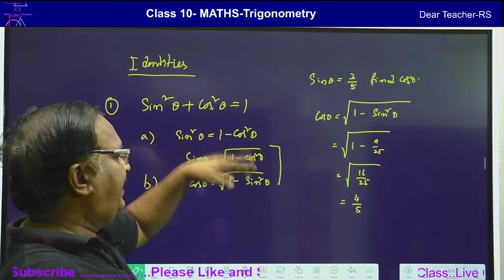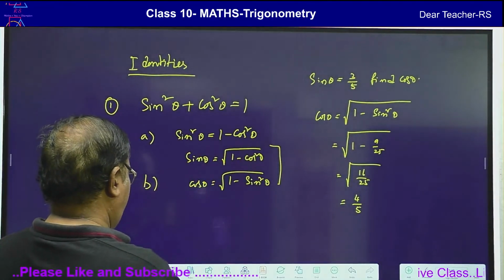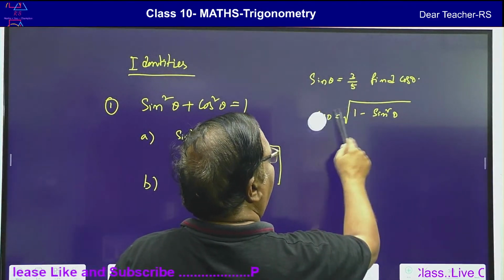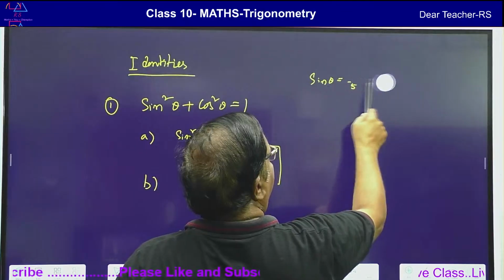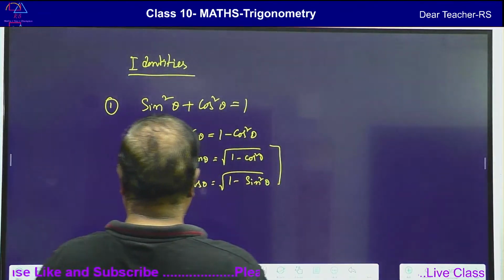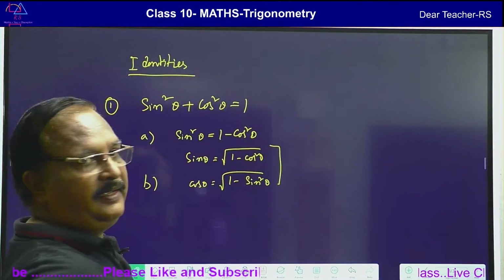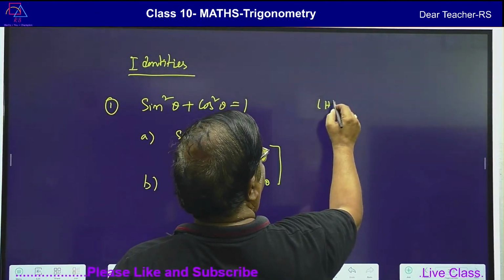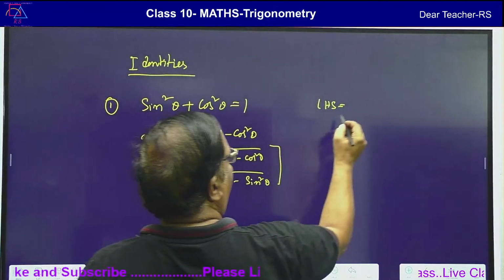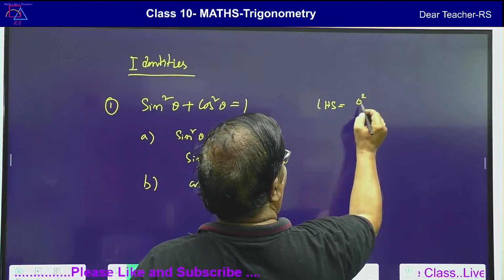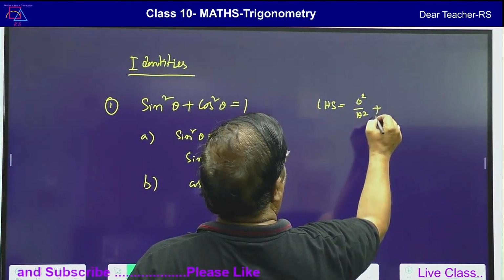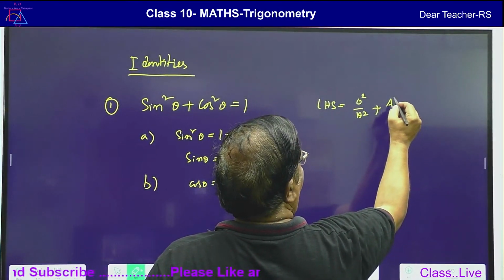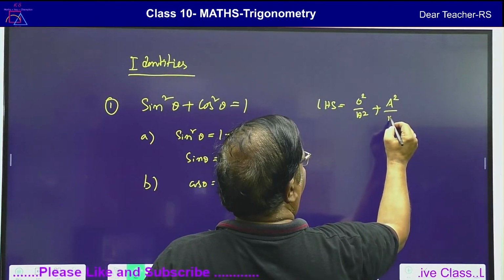You take a right angle triangle and use the basic definitions, then you will get this, right? So I'll just take the left hand side. Sin square theta is equal to opposite side square by hypotenuse square, o square by h square, and cos square theta is equal to adjacent side square by h square.